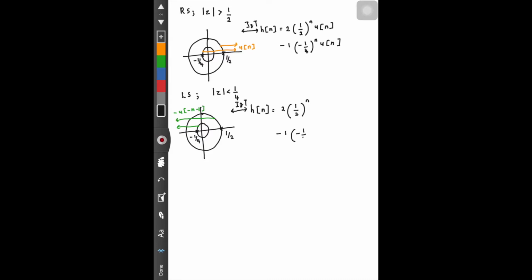The 1 over 2 pole approaches the left, so the function is minus u[−n−1]. The minus 1 over 4 pole approaches the left, so the function will be positive u[−n−1]. Okay, done for left-sided. For two-sided, same thing, so we have to do one.